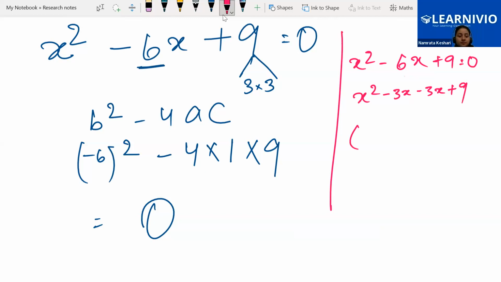Check it. Are you getting the same root? Yes or no?